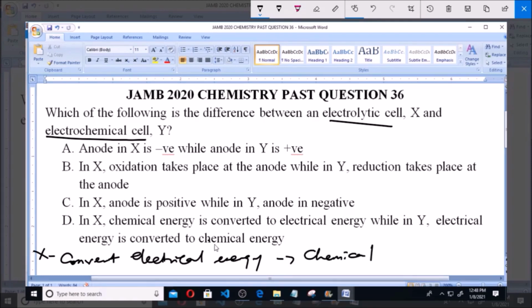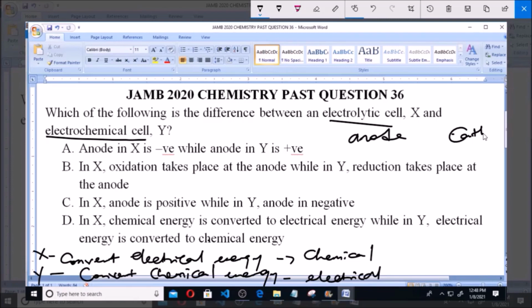But for the Y, which is the electrochemical cell, it converts chemical energy, like the battery, into electrical energy. For example, the dry cell, the battery that we have. Now, both electrolytic cells and electrochemical cells have what we call the anode and the cathode.